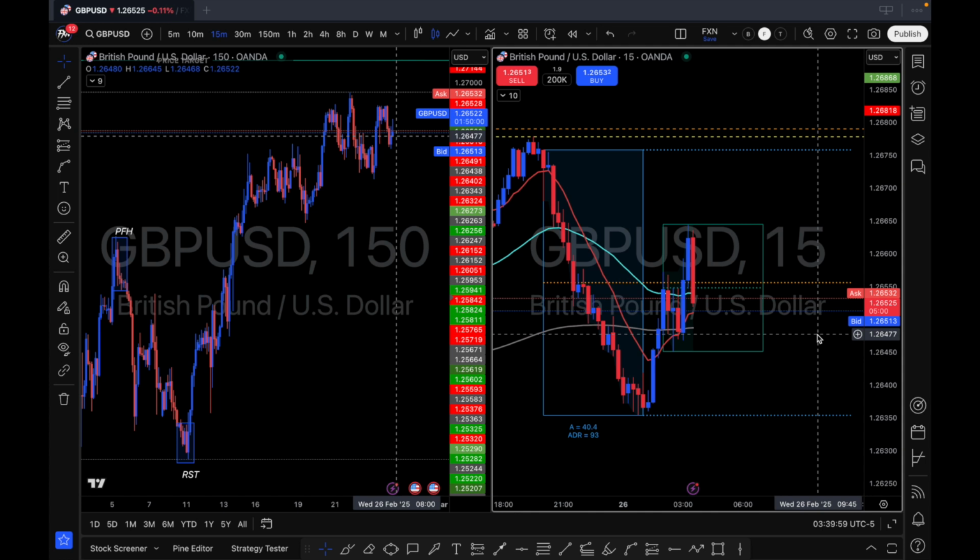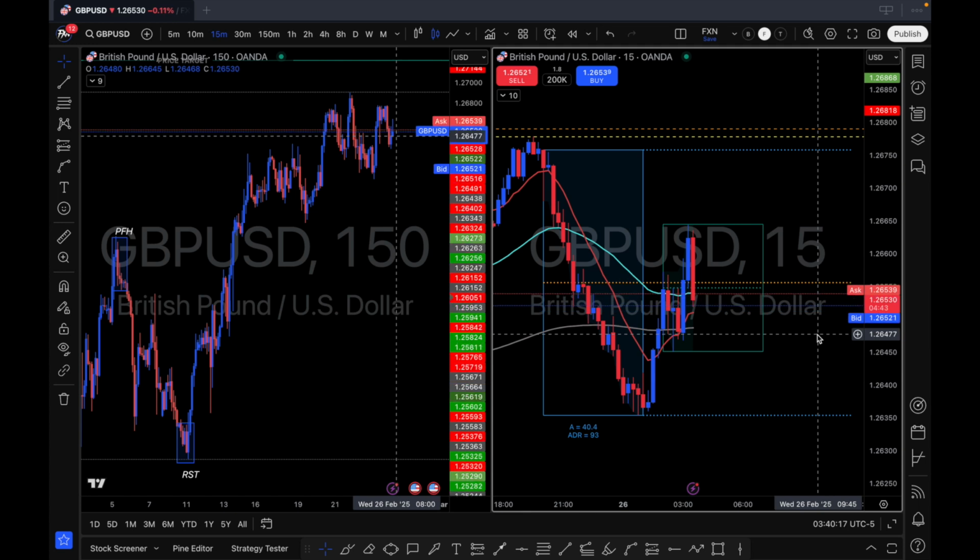So what I'm going to have to do is first wait to see how big this candle actually is, and then go from there. See whether it closes below the 13, or if it doesn't, whatever the case may be.